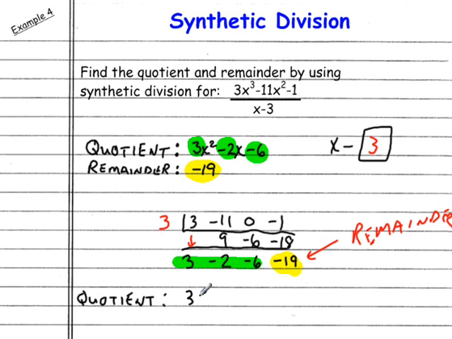So we have 3x to the second minus 2x minus 6 as our quotient, and our remainder, of course, is the last position in that row. Before, the last position was 0, so we would have a 0 remainder, but in this case the last position is negative 19, and we pick that up here.